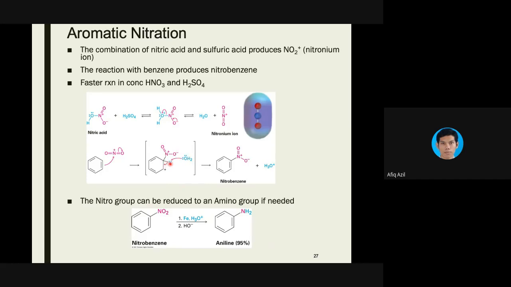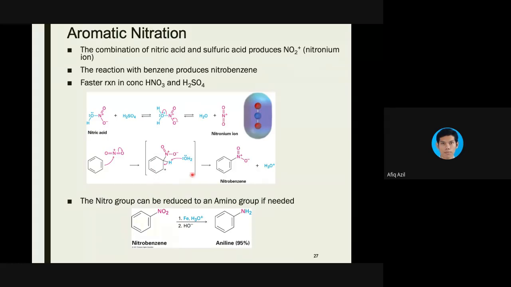Hence, the electrons between carbon and hydrogen will be shared back between these two carbons. So the double bond will be retained, and you have your NO2 bonded to this carbon. So this is the intermediate or the resonance form.